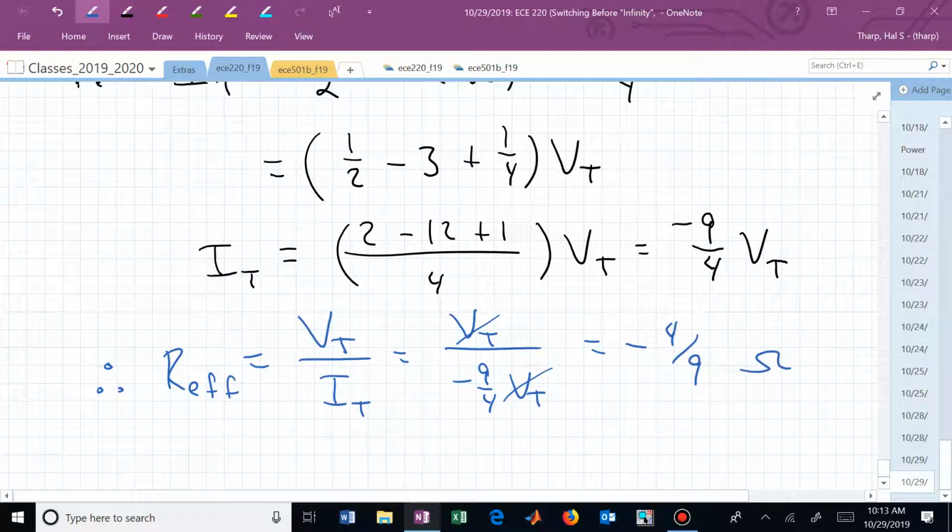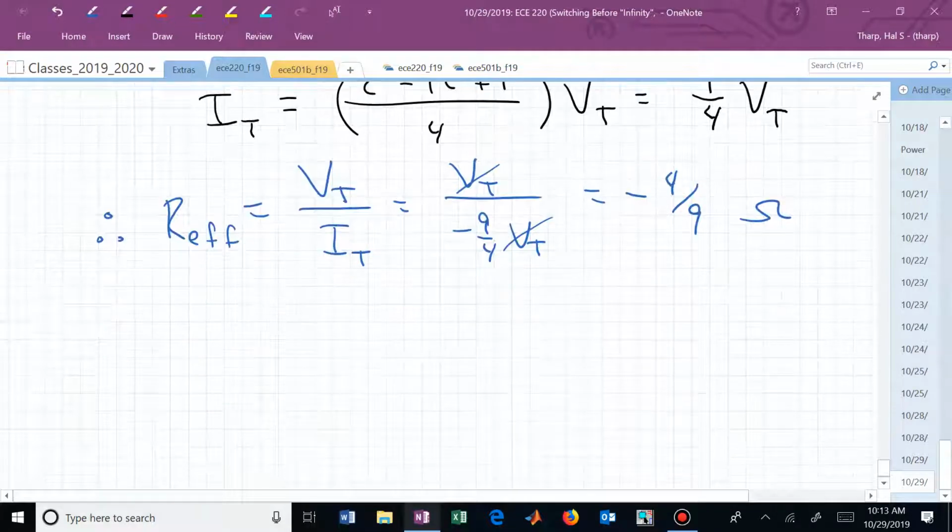And now, because I had that dependent source playing mind games with me, now I have a negative resistance. I now have R effective as minus 4/9.